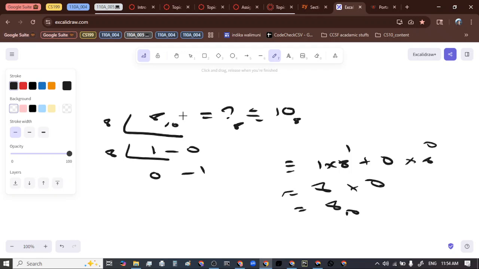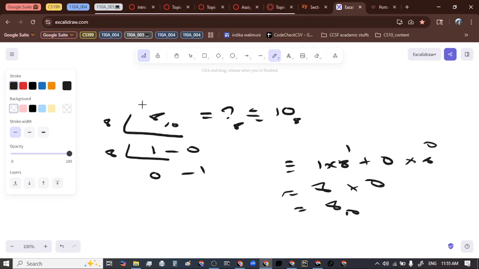Okay, any questions? Yes, for example, where it was like 1 to 15, then that was like a negative. Oh, it's not minus. Sorry, guys, this is not a minus sign.